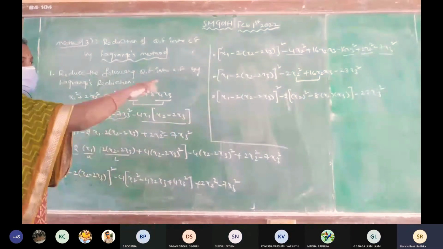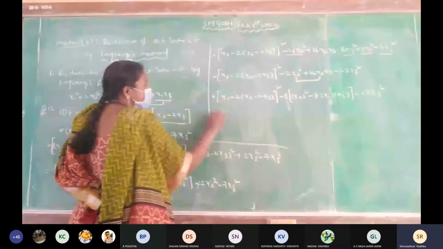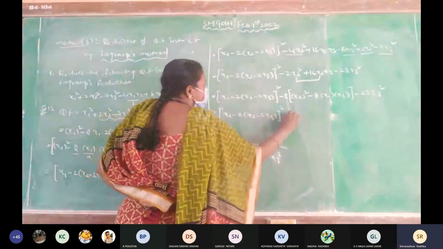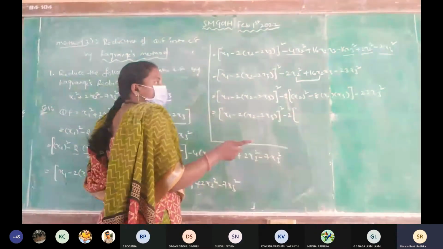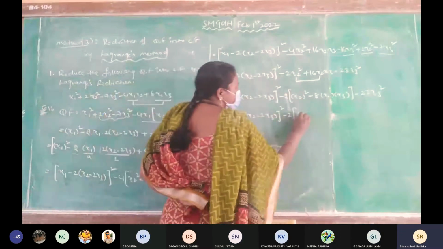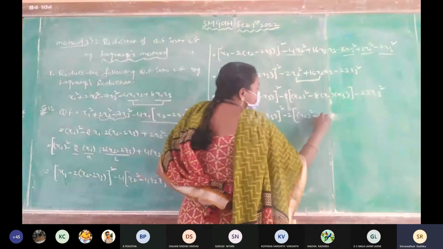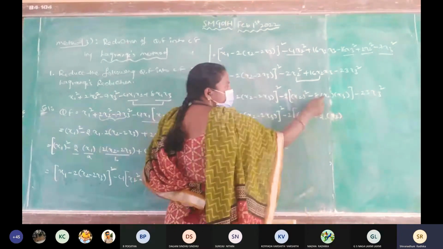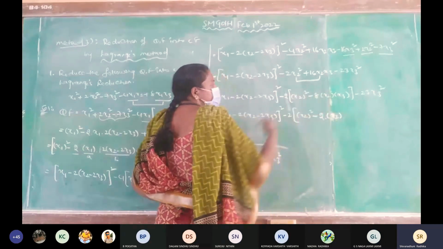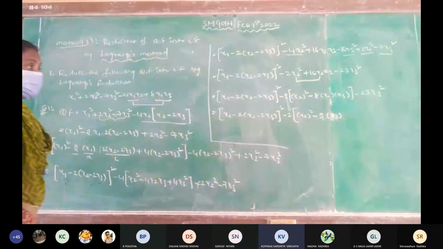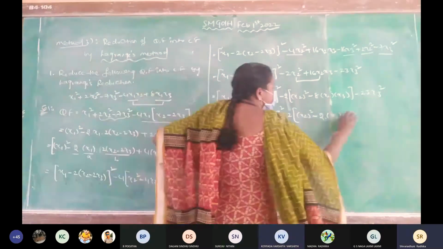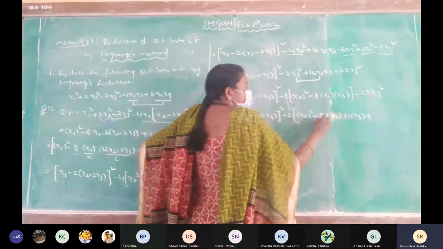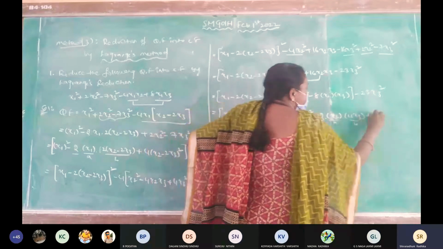Same, but I take the constant common. Remaining: x1 minus 2 into x2 minus 2x3 whole square minus 2 into, again using the formula a minus b whole square: a square is x2 whole square, minus 2 into a, which is x2, and the remaining term is b. What is the remaining term? 4x3, very good, and plus b square. This is the 2, this is the a and this is the b.